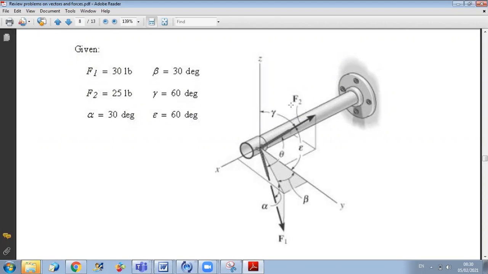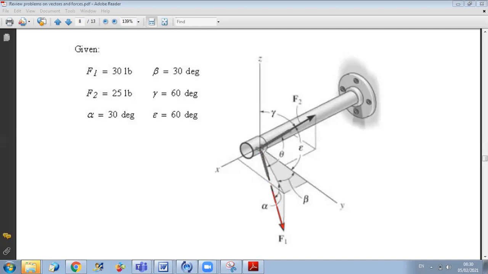So first, for F1, what did they give us? Look at the figure. They gave us 2 angles, and these 2 angles will define the direction of F1. If I look at my figure, this is vector F1. If I project it on the XY plane, this angle here is alpha.